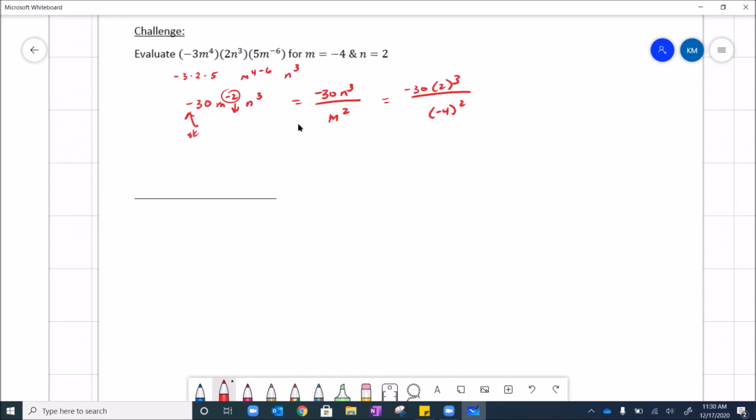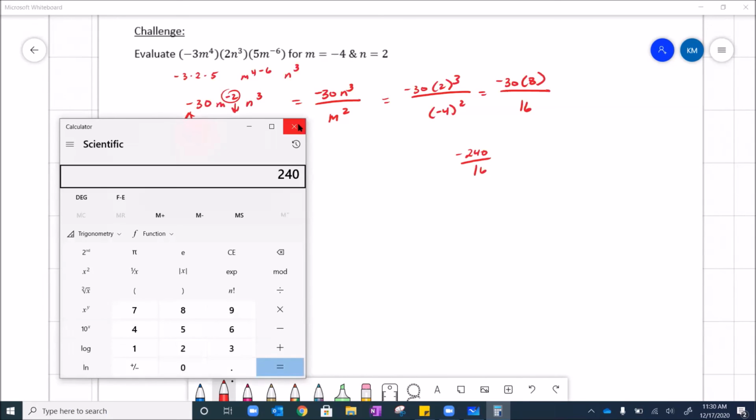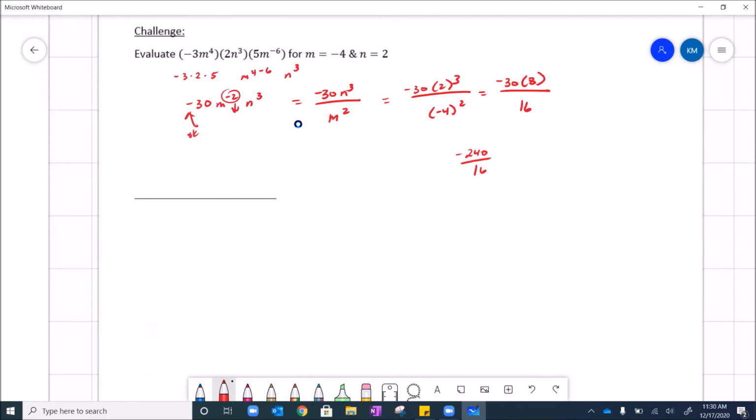Okay, so negative 30 times 8, that's 2 to the third. Negative 4 squared gives us 16. And so, what is that? Negative 240 divided by 16. Do a calculator with that. 240 divided by 16 is 15. So this is negative 15. There we go. All that for a regular number.